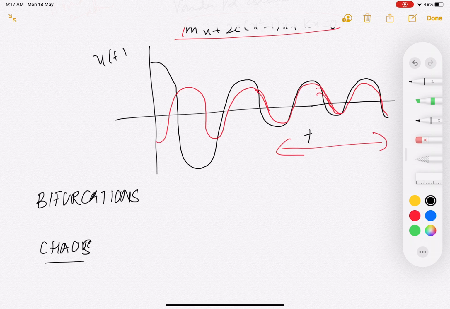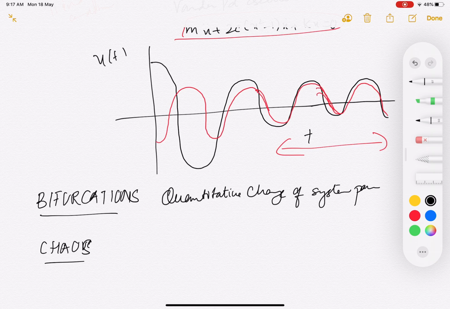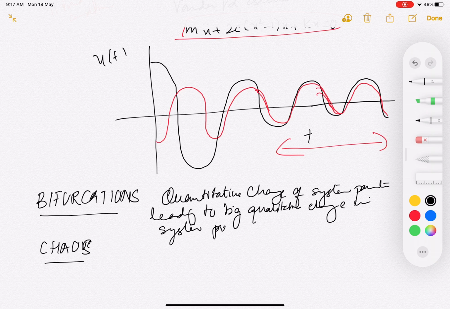Bifurcation is defined as quantitative change of system parameters leading to big qualitative change in system properties, right?